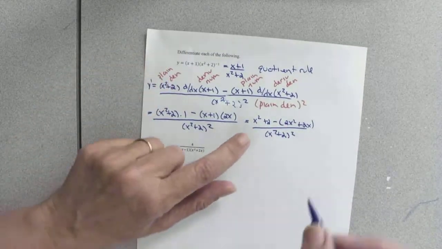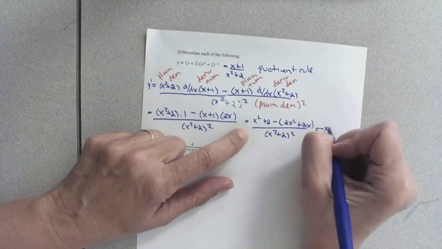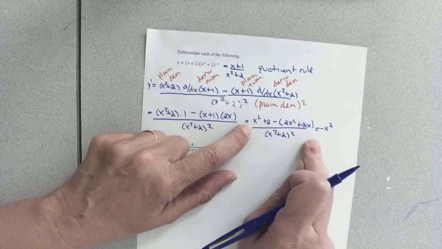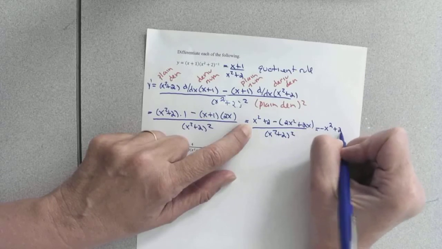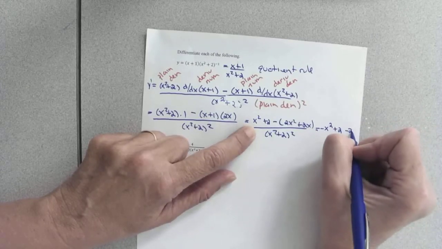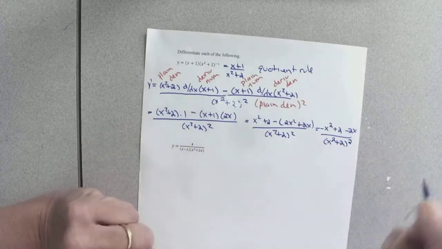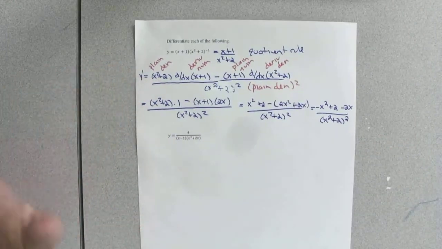When I distribute that minus sign and combine like terms, I'm going to get negative x squared, minus 2x, and I'll still have that plus 2, all over x squared plus 2 quantity squared. And there's no reason to really multiply out the denominator. You can multiply out the denominator if you want. No one does it. So just leave it alone. And there we did it with the quotient rule.